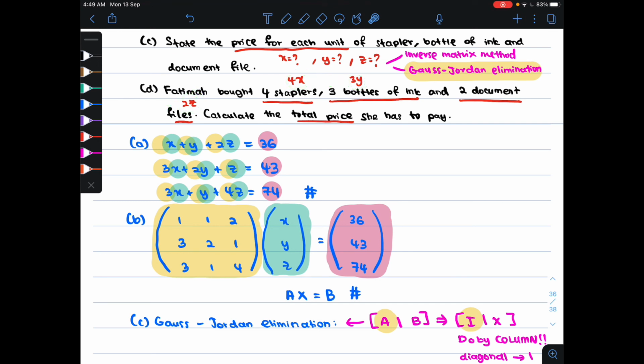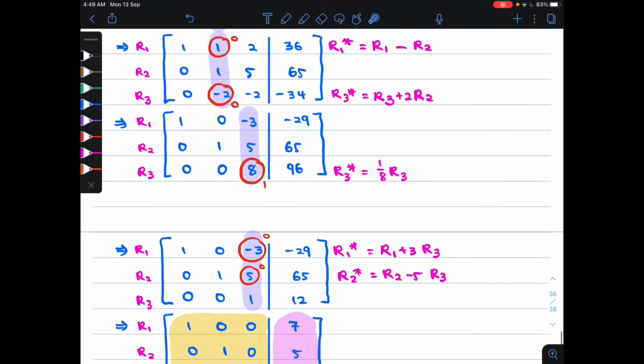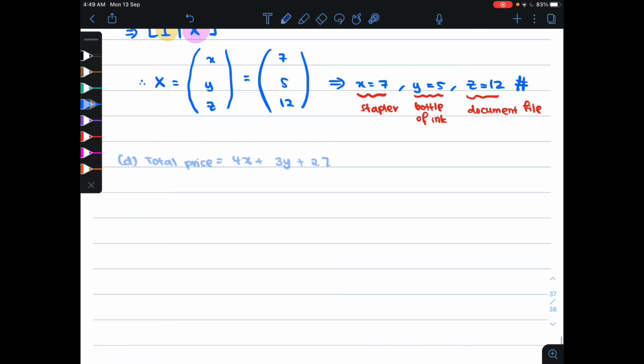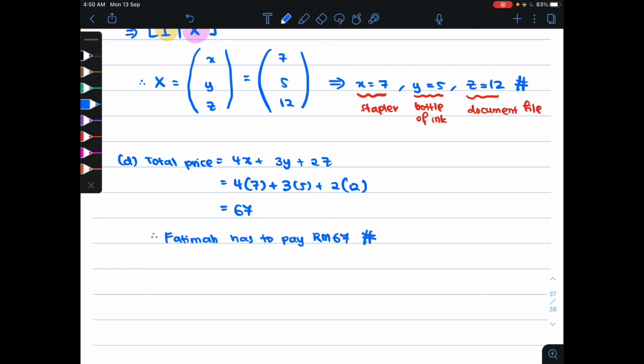And that is the total price that Fatimah has to pay. Therefore, Fatimah has to pay RM67.